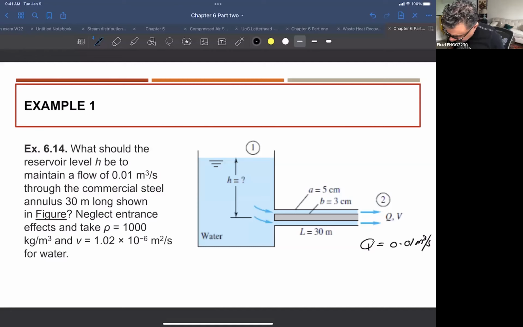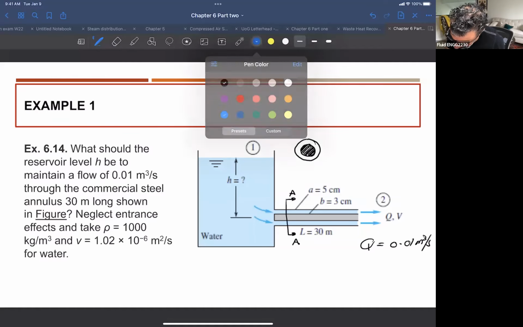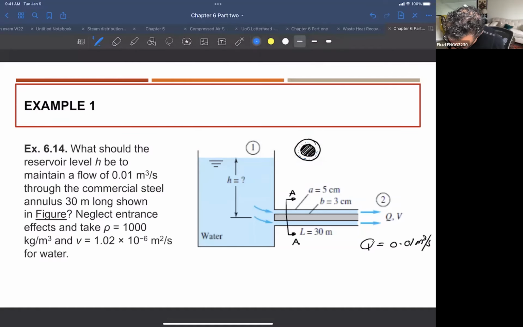If you look at this cross section, it is going to be something like this, and the fluid is only moving inside this annulus, right? And this is made of commercial steel.